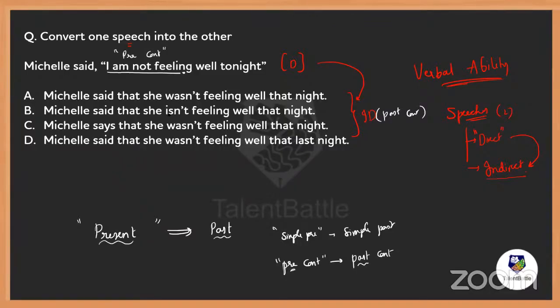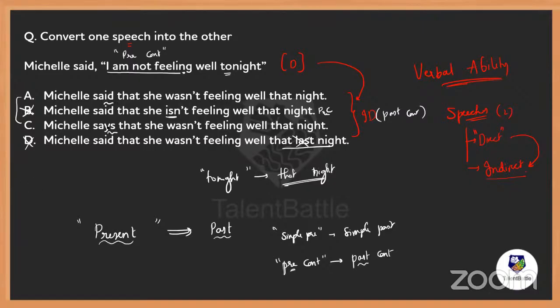Now, guys, let's check. She isn't, which is present continuous, which is not possible. So options A and B are gone. Now, people, observe tonight. The word tonight will become what in the indirect? That will become that night. So it should be that night only, not that last night. This is not possible. So between options A and C, is there any difference, everybody? Mitchell said, Mitchell says.